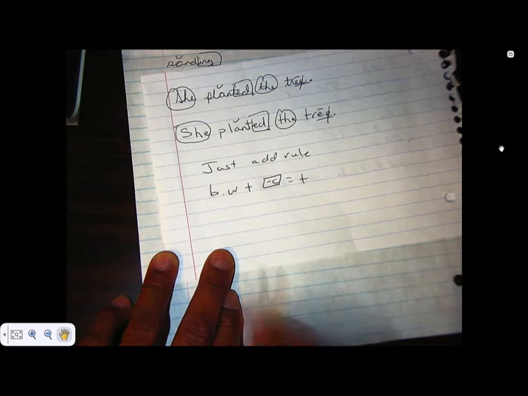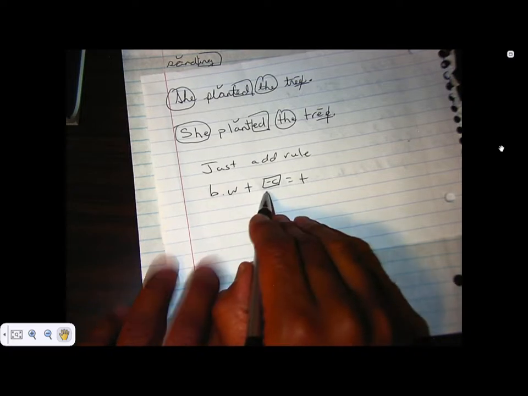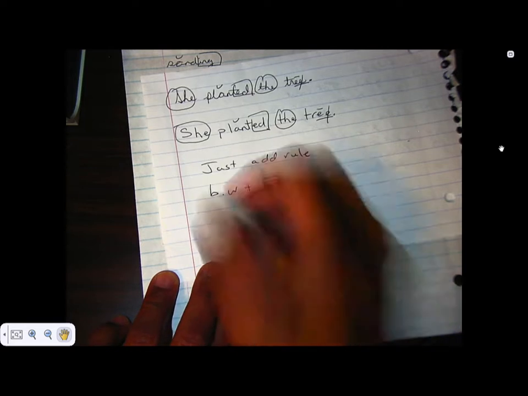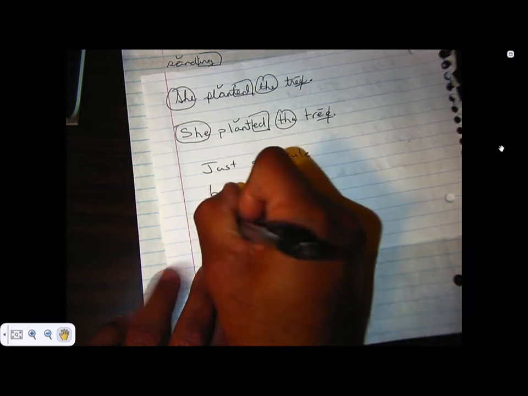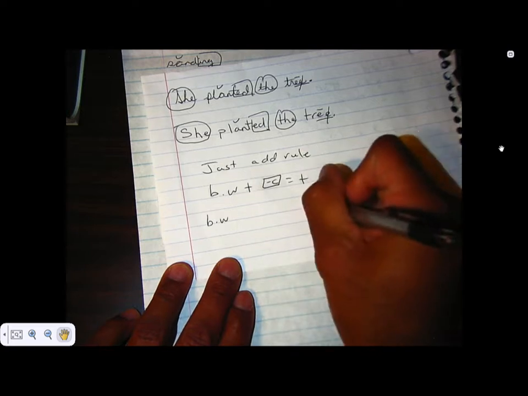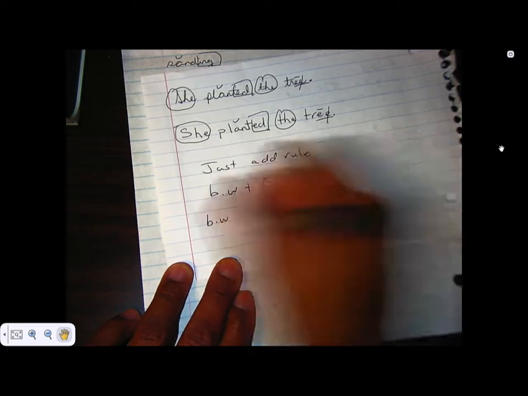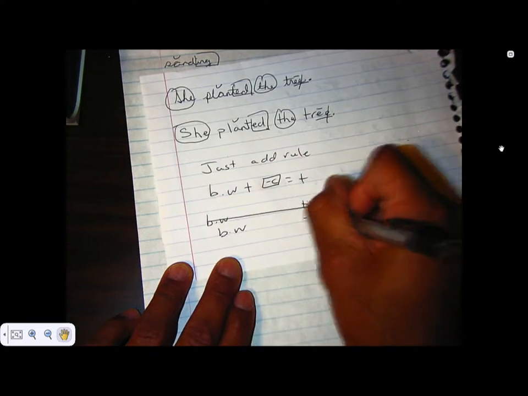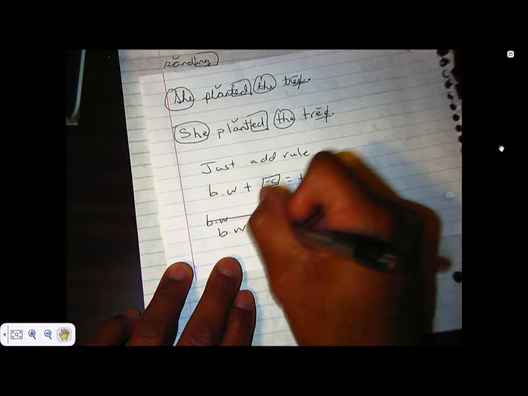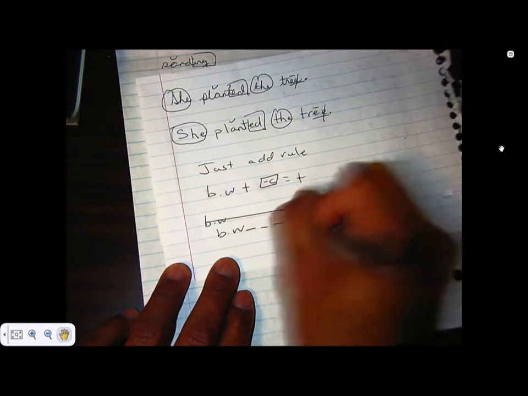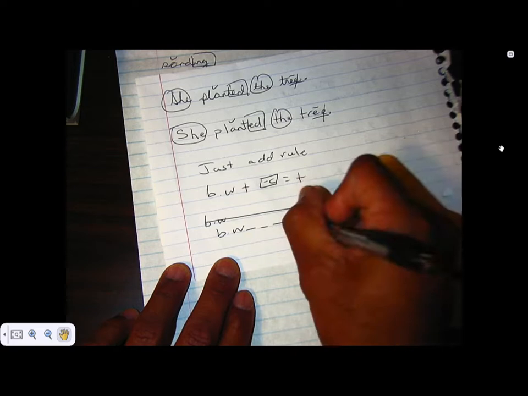If we have a base word and we want to add a vowel suffix, we will look at the last two letters of the word.